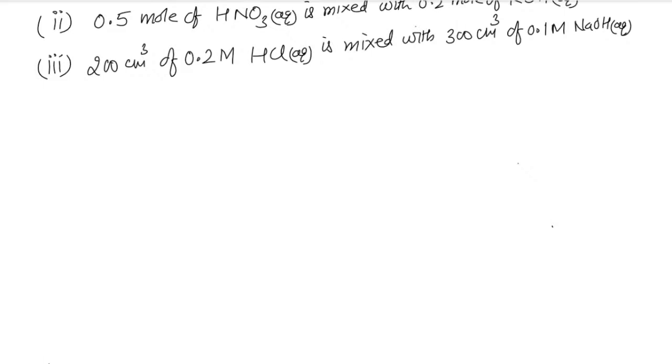Now third question. We have 200 ml of 0.2 molar HCl. It is mixed with 300 ml of 0.1 molar KOH. So you know the reaction is the same as we have done earlier.